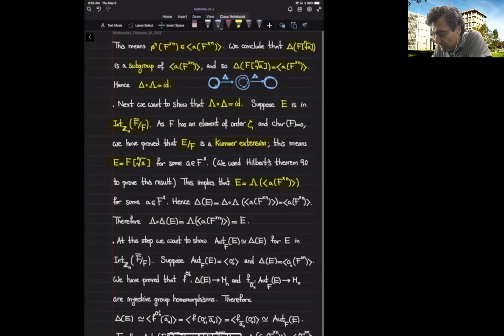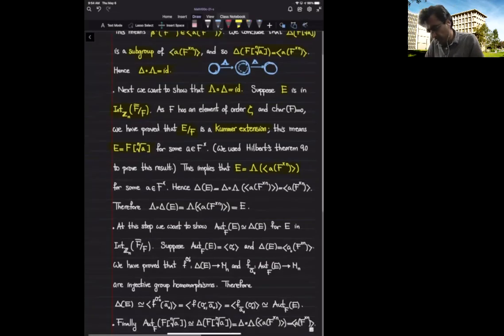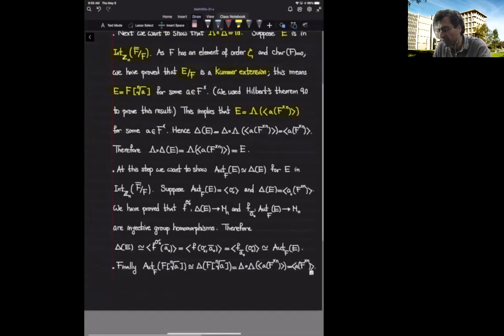Now, when I tell you that delta is surjective, this means that this copy is in fact the entire codomain. From there, we can deduce that delta and lambda are inverse of each other. So essentially what I'm saying is that knowing that every cyclic extension of degree dividing n is a Kummer extension, together with the fact that delta O lambda is identity, immediately implies that lambda O delta is also identity. But let's go through the argument.